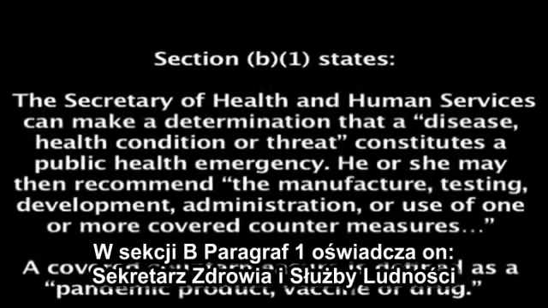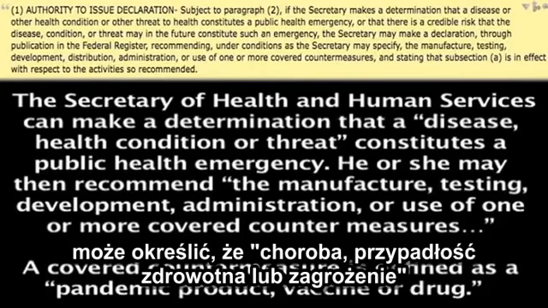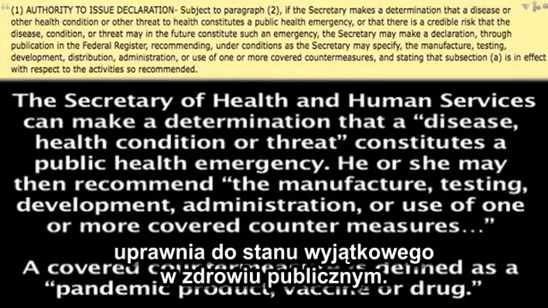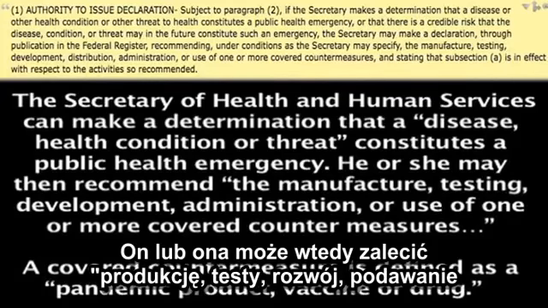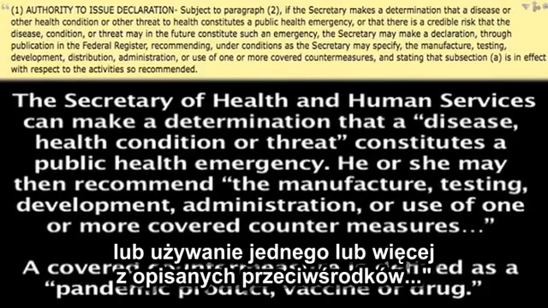Under Section B, Paragraph 1, it states, "The Secretary of Health and Human Services can make a determination that a disease, health condition, or threat constitutes a public health emergency. He or she may then recommend the manufacture, testing, development, administration, or use of one or more covered countermeasures."